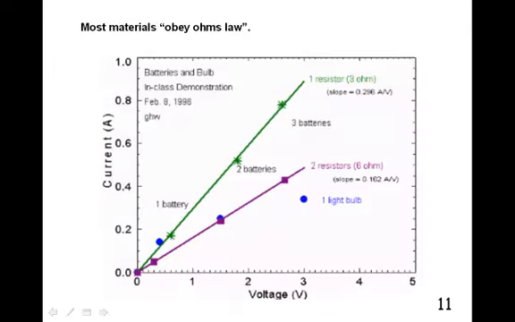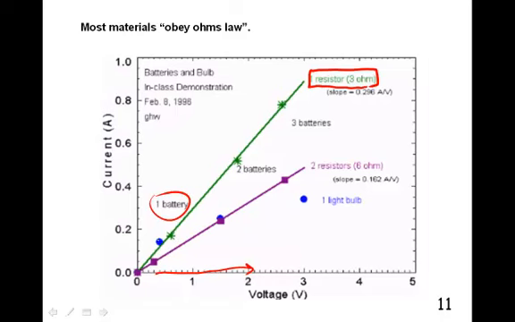Right, what else do we have here? Well, most materials obey what's called Ohm's law. Here we have a resistor that's 3 ohms, and you don't know what that is yet, but you will in a second. Here's some object that has a resistance of 3 ohms, and we see that as we increase the voltage on that object, this is somebody who did this experiment.